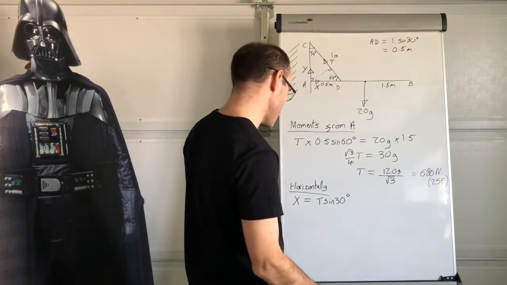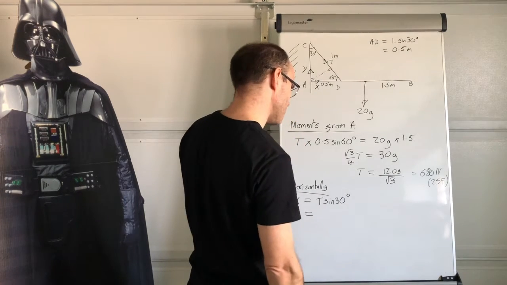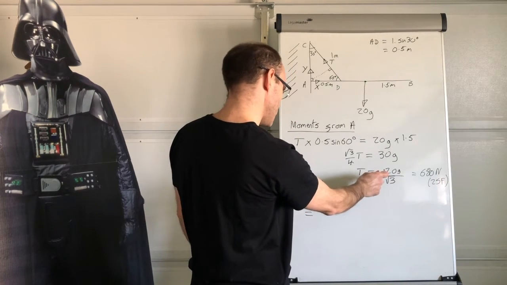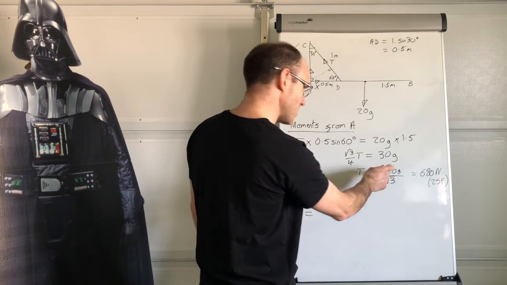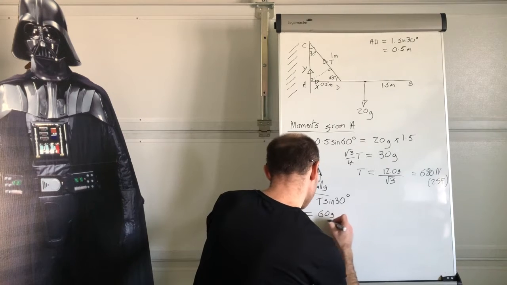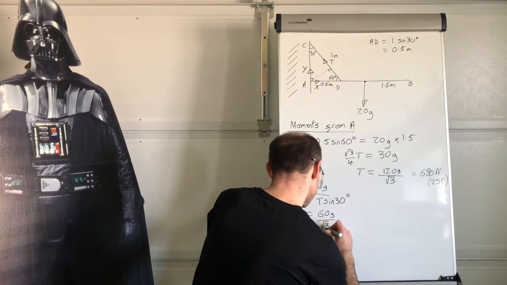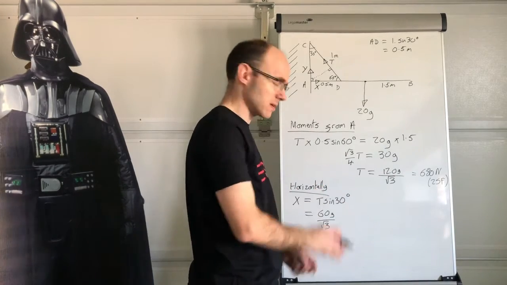Okay, well, we can work out what that is, can't we? So you got that's T, so times that by a half, so 60G over root 3. Yeah, 60G over root 3, and if we want to we could work that out, but we don't need it, okay.